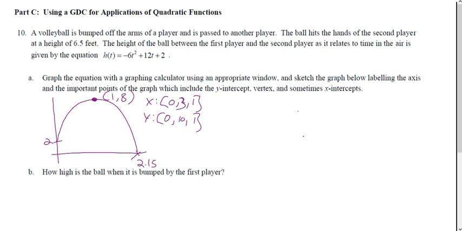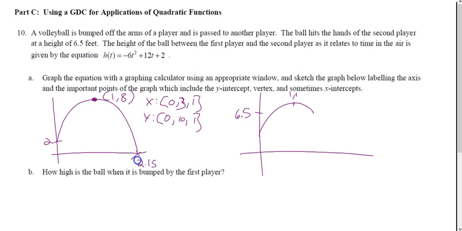Okay, how high is the ball when it is bumped by the player? Okay, wait, so that's our graph. Let's look at our actual context here, right? Our context is this, where this is, what did we say, 6.5 feet.